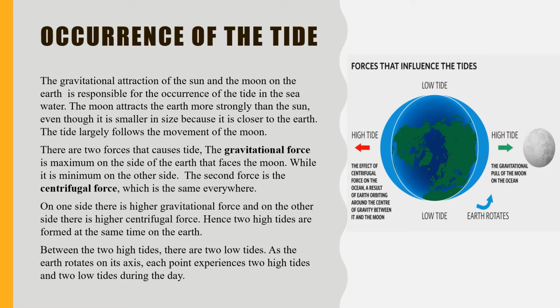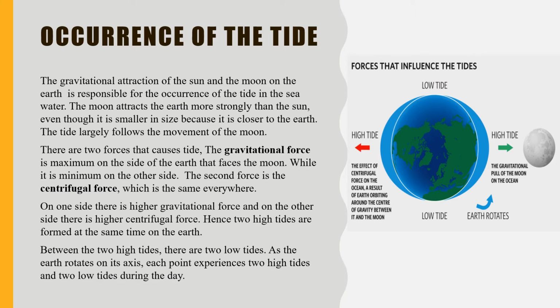There are two forces that cause tide. The gravitational force is maximum on the side of the earth that faces the moon, while it is minimum on the other side. The second force is the centrifugal force, which is the same everywhere.